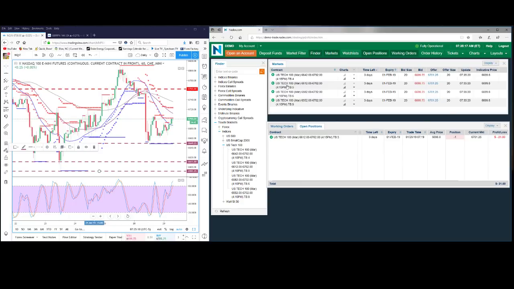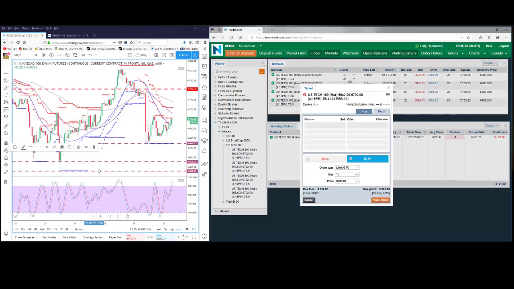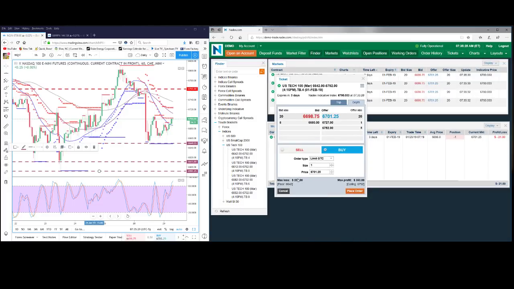Let's see, you have 66.12 and then you have 66.42. Okay, if you do the 66.42, how much is your risk? In this case, it's $237 to make $363.